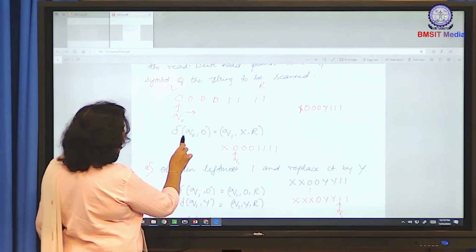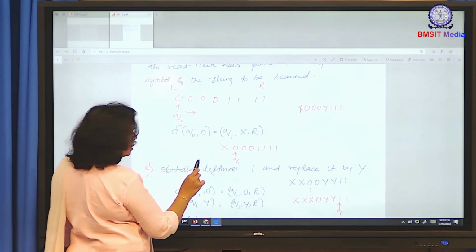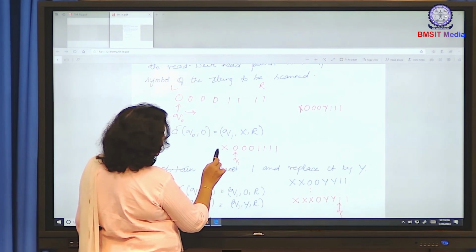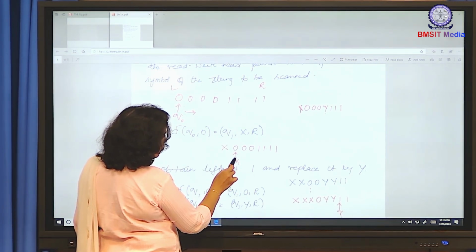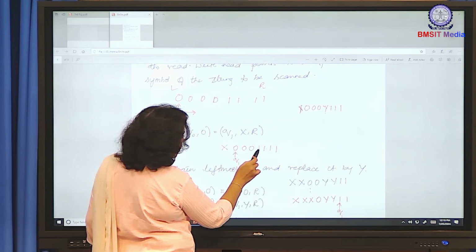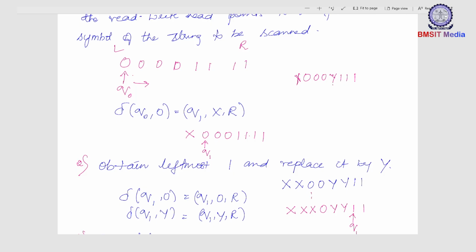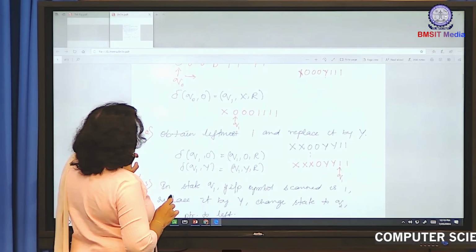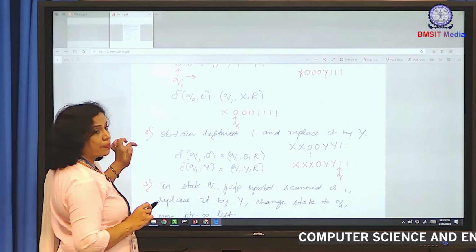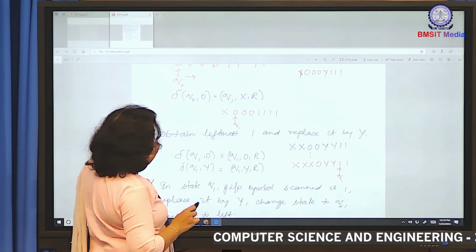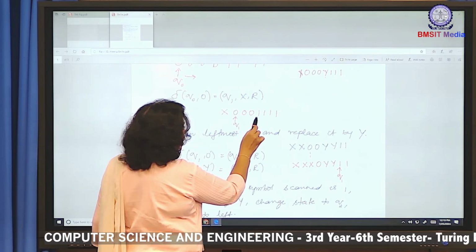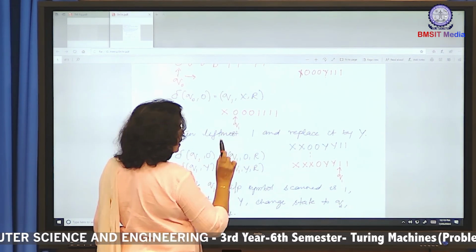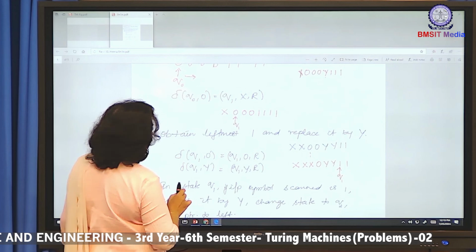So after executing this transition, the input will be like this. 0 is replaced by x. I am in state Q1. There are 3 zeros and now I have to go find the first 1. So now step 2, obtain the leftmost 1 and replace it by y.